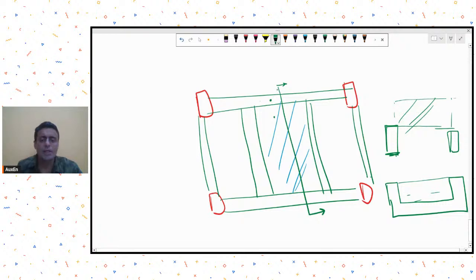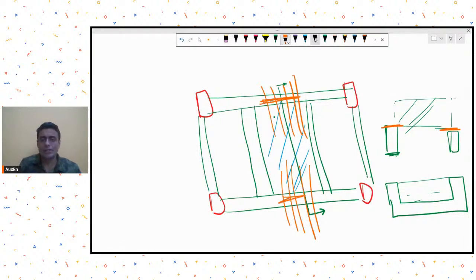How to decide that? That is usually decided by the positioning of your framing and also the way in which you want to provide your plumbing arrangements. So suppose you had to take out plumbing from here, and you want to avoid making sleeves. In this case, what you can do is keep this beam top like this, so that you are easily able to take the plumbing lines from here and you don't have to cut sleeves.